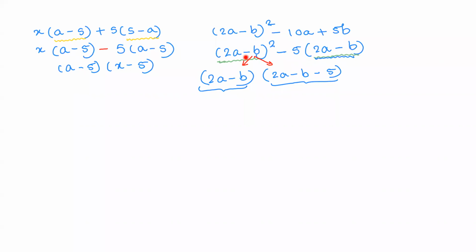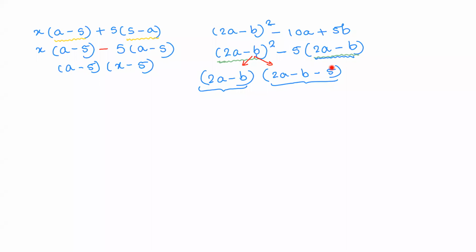Then you have 2a minus b the whole square and 2a minus b. So from the first term, you take 2a minus b common. That is a square, meaning there are two 2a minus b, out of which one 2a minus b went outside, so one 2a minus b remains inside. Now the last term 2a minus b has been entirely taken out common, so only 5 will remain there, and the factorization is complete. I hope whoever had difficulty, this time the doubt is cleared.